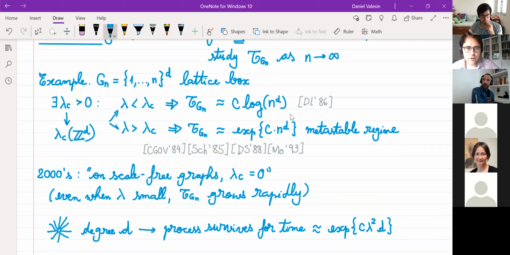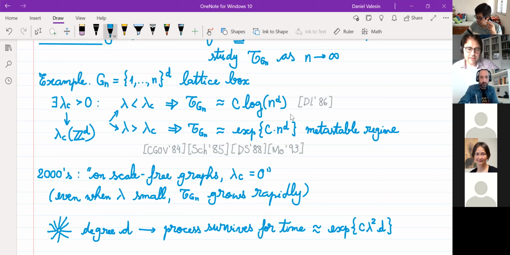This is what is called a finite volume phase transition, because it's a phase transition that manifests itself already in finite graphs. Well, around the 2000s, there was a shift of interest, and people started to be interested in the contact process on random graphs, or more general classes of graphs.